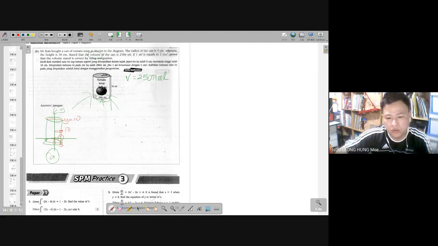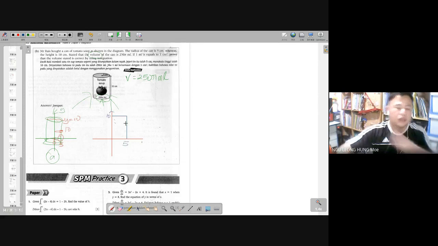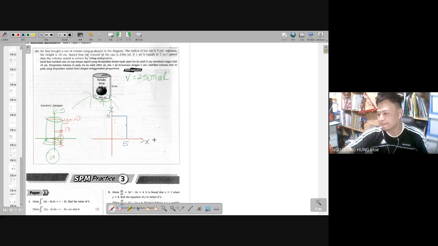Or I can redraw it. Okay, I redraw it. It will become like this. That means this is 5. This is 10. Okay, now we rotate under x or y. Tell me, Jen and Chetai. Do we rotate under the x axis or y axis? Y, good.